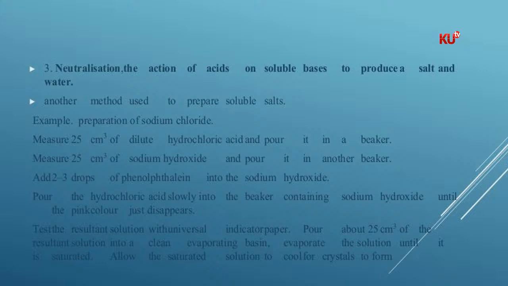Why are you adding this phenolphthalein indicator? To confirm the end point when the acid and the sodium hydroxide react. When you put 2 to 3 drops of phenolphthalein indicator into the sodium hydroxide, you add dilute hydrochloric acid a little at a time, until the pink color just disappears.